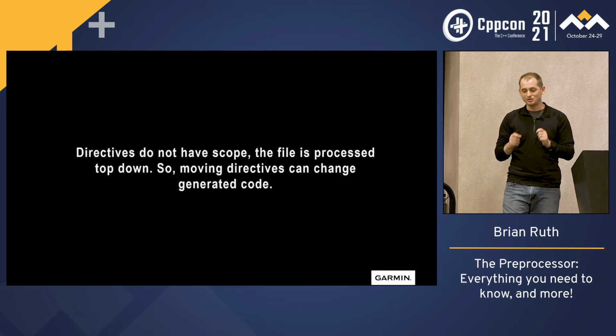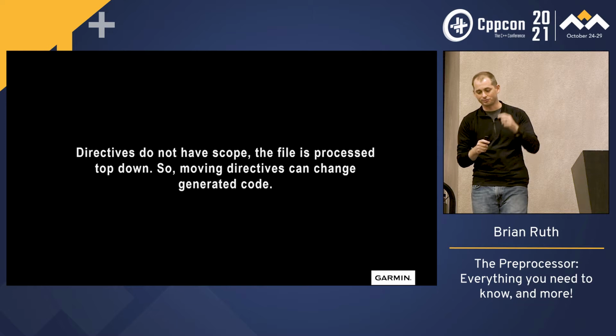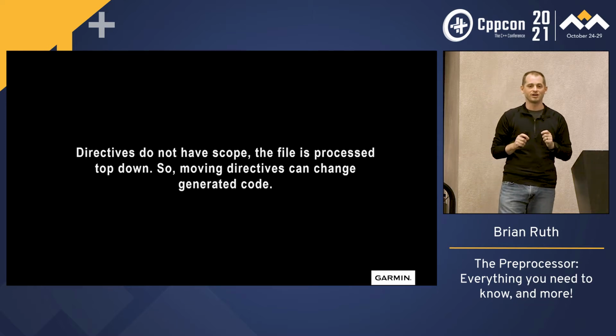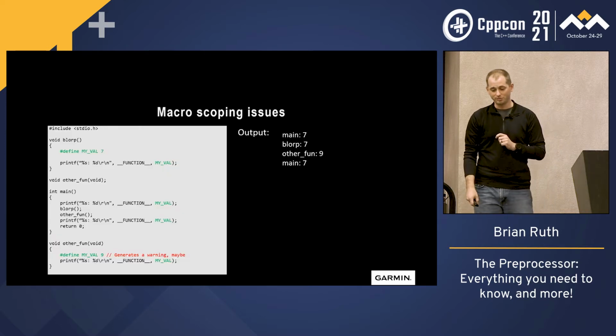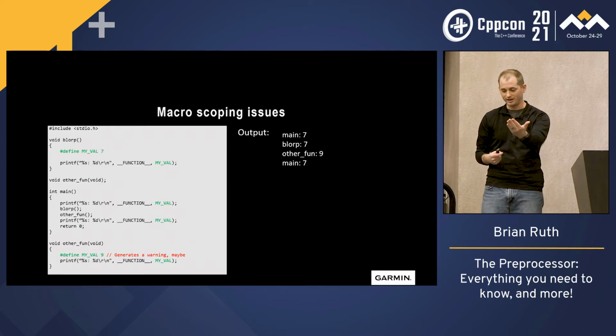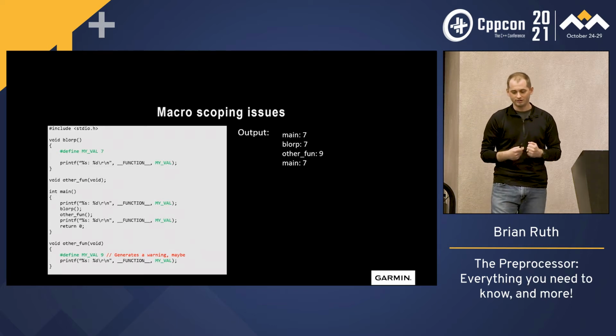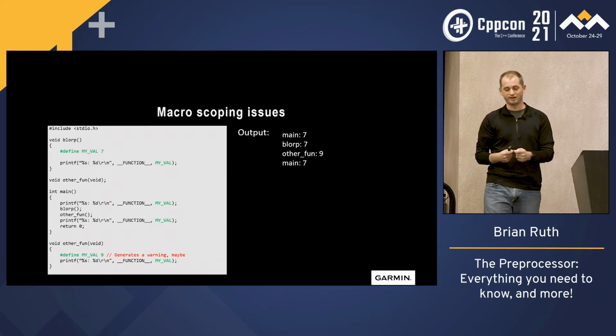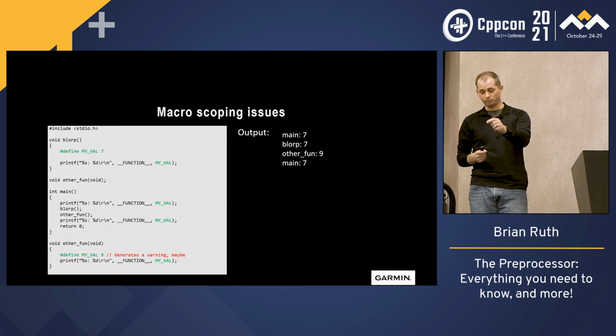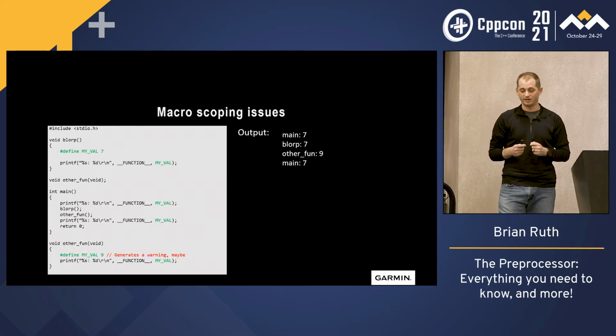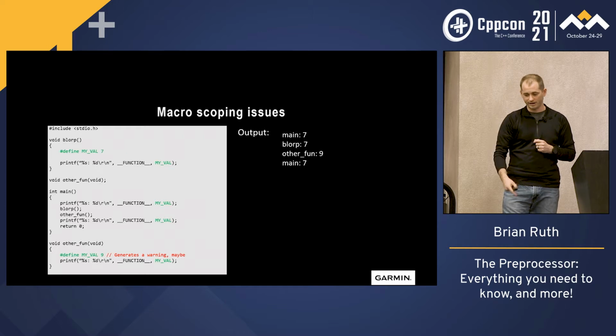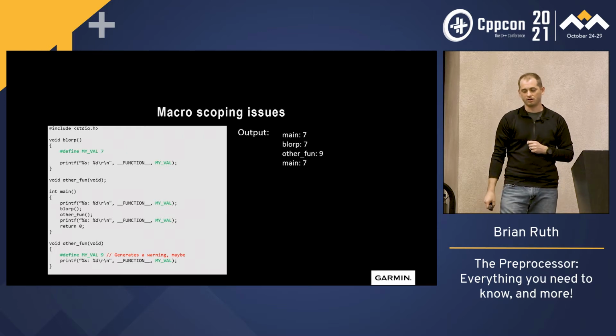So directives do not have scope. The file is processed from top down, so moving a directive can change code. I've seen people write code where they define a value in a function, assuming that it's scoped to that function, but it's not. So here we define myval as 7 up at the top there. The main function is further down, and you see every time the main function is called, it's going to be 7.